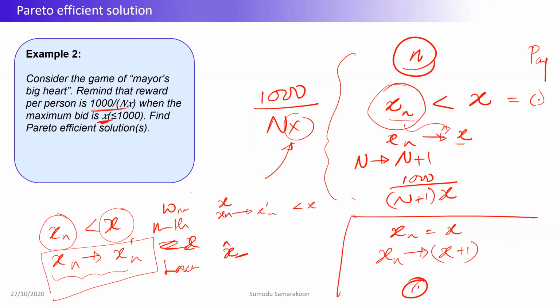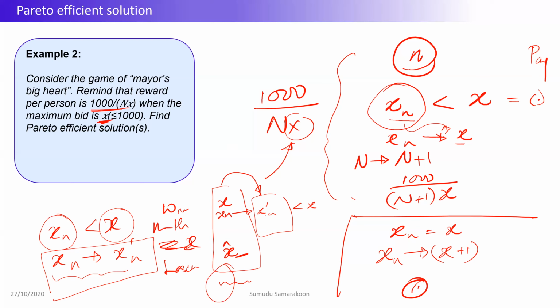So basically it means we can move from this strategy to this one without causing any loss to any other. That means we are not strict to stay in this strategy. So it means this is not Pareto efficient. So we can move here.